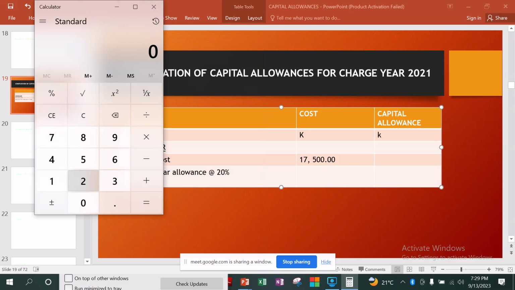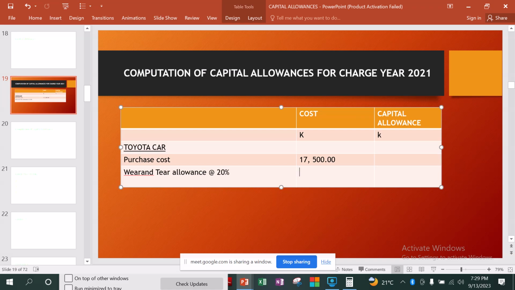If you work out the cost, look at my calculator. Okay, so 20% multiplied by 17,500. We're going to end up with 3,500. So we put here 3,500.